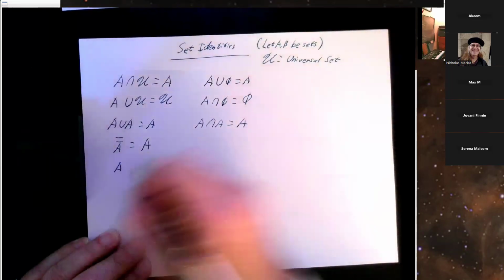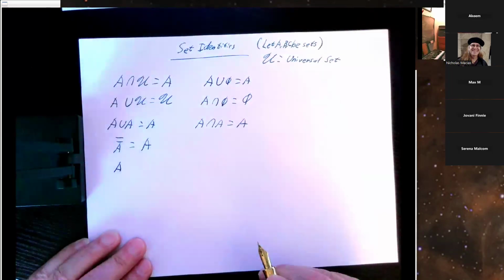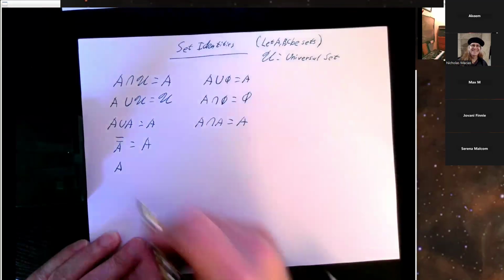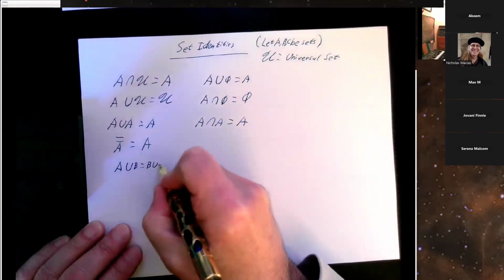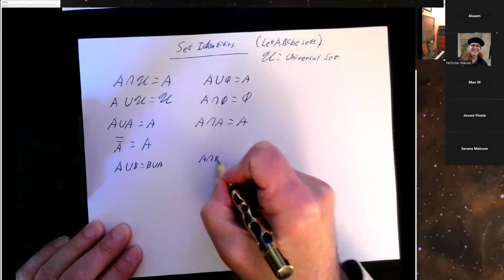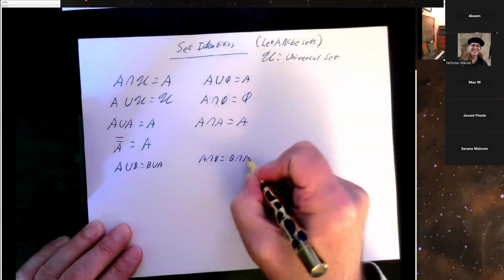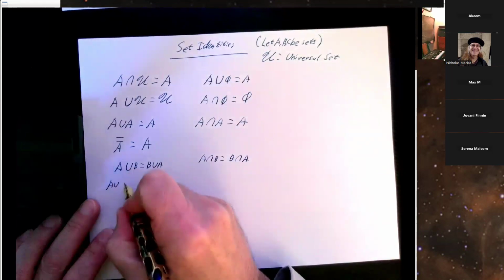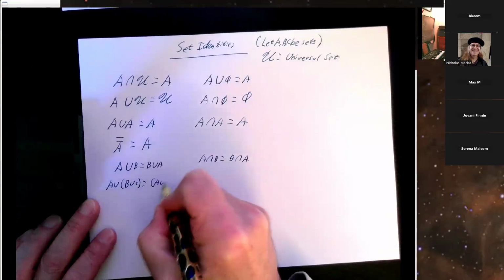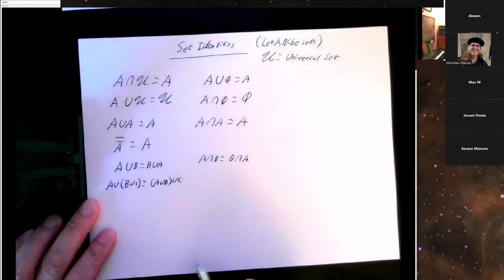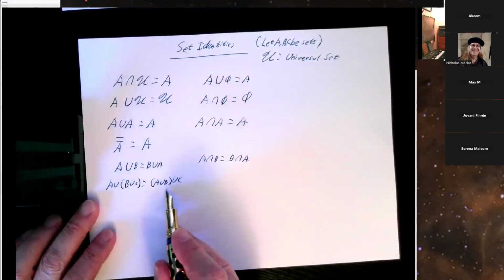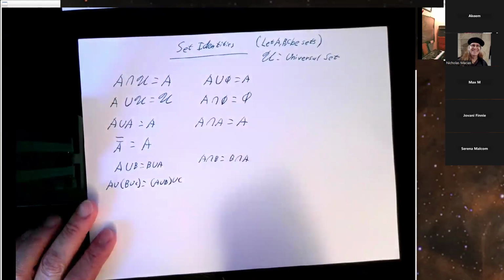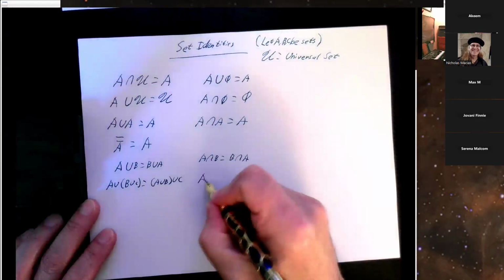We also have some, let me add C as another set in here. We also have some useful properties. A union B is the same as B union A. A intersect B is the same as B intersect A. And if we take A union the set B union C, that's the same as taking A union B and then unioning with C. And same for intersections.